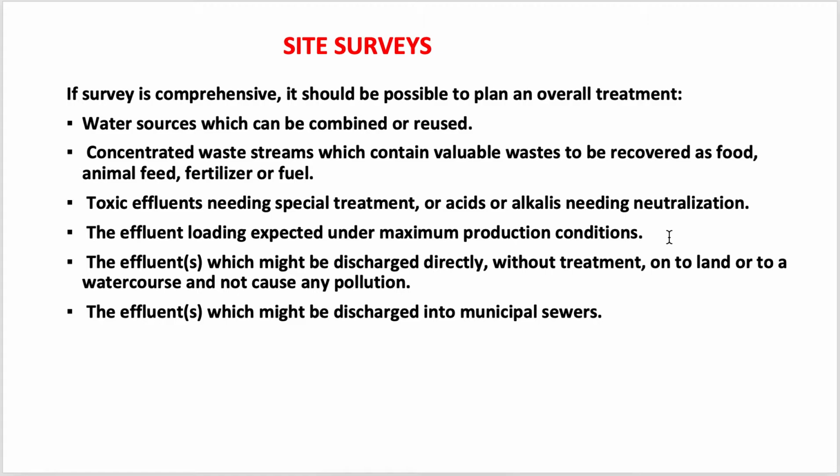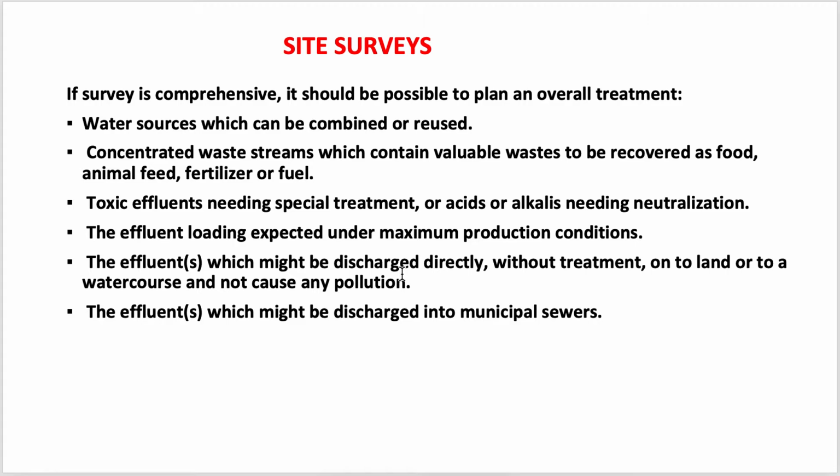I mean, how much effluent will be produced when the process goes at its maximum rate. And some effluents can be directly discharged without any treatment. So by doing the site survey, we can also identify which effluents we don't need to treat. If we can discharge some effluents without any treatment, it would be completely wasteful to try to treat them, right?